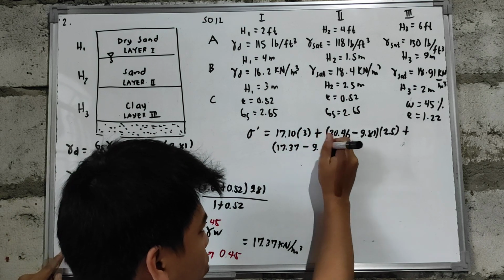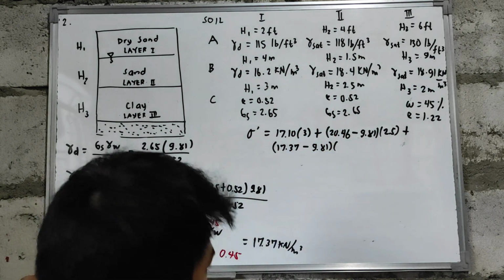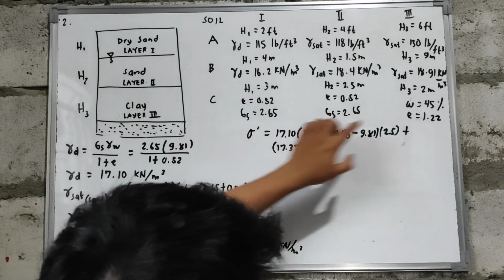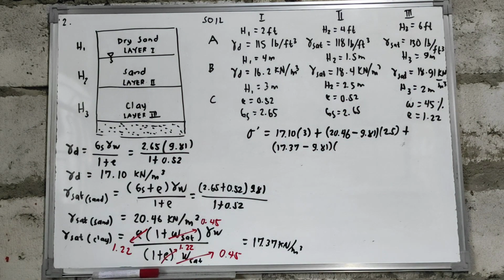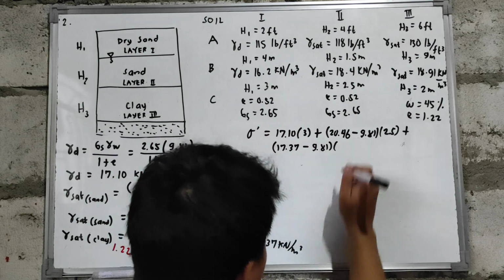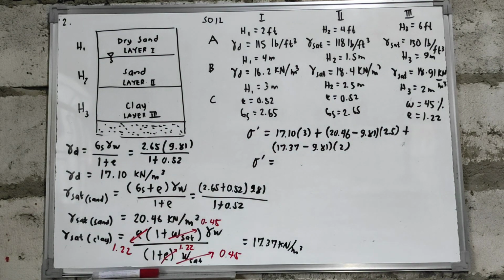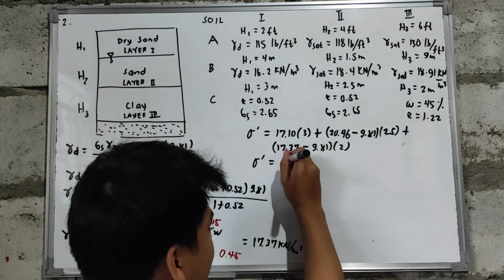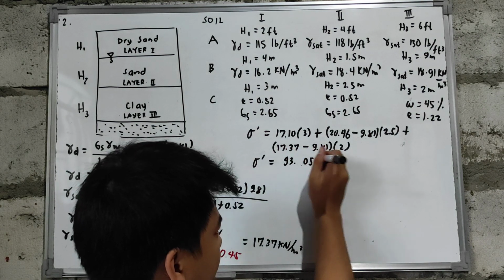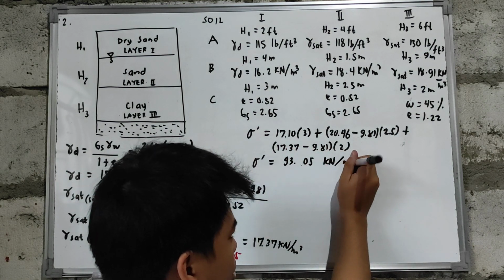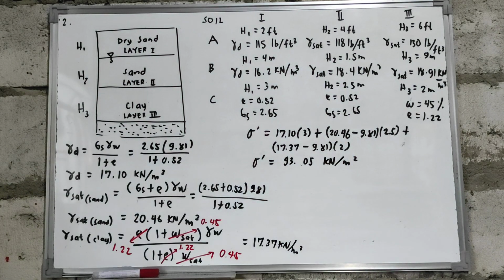Aalisin natin yung tubig na 9.81 multiplied by the height, which is equal to 2. So, the value of our effective stress is now equal to 93.05 kilonewton per meter squared. So, ganun lang yung shortcut natin in the computation of our effective stress.